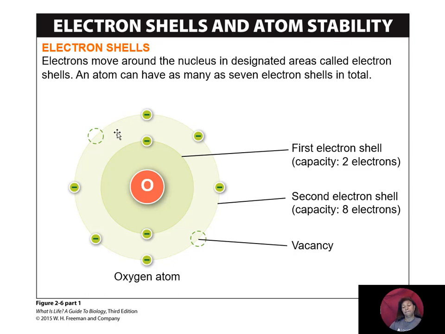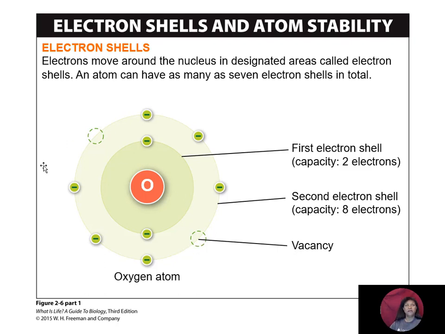When atoms take a look at their outermost shell, they always want the outermost shell filled. And this is how we know whether or not an atom is going to be reactive. If it has vacancies in its outermost shell, it's going to want to react with another atom because it wants that shell filled. Okay?